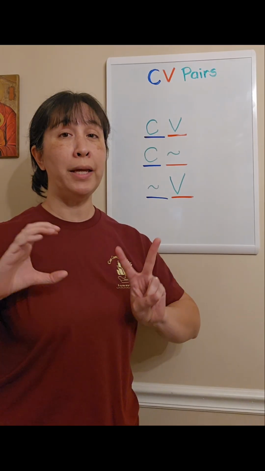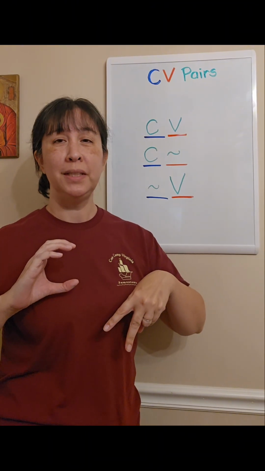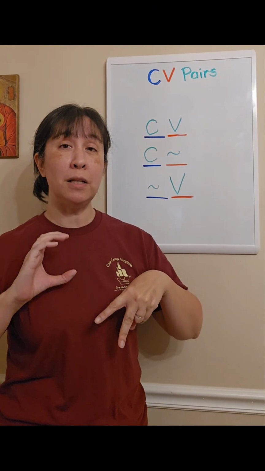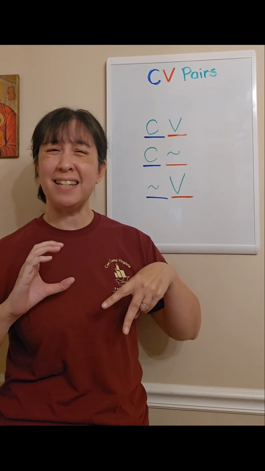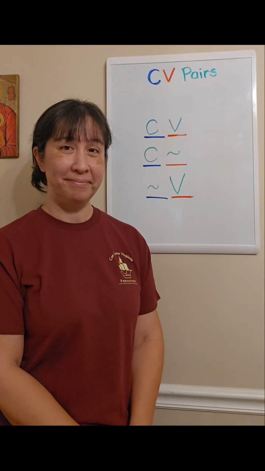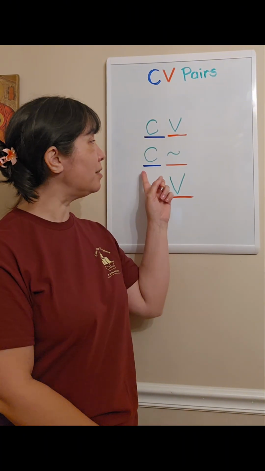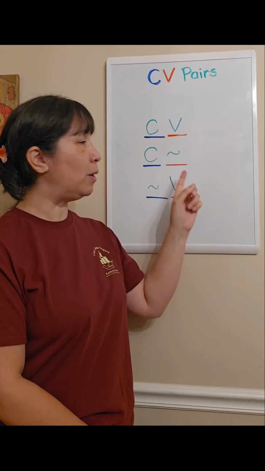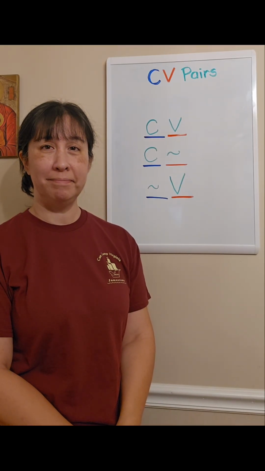But when you're cueing a consonant alone as a CV pair, you have the hand shape, but you still got to put it somewhere. Where does it go? It goes to the side position. So a consonant with no vowel still has a hand shape and it's cued at the side.